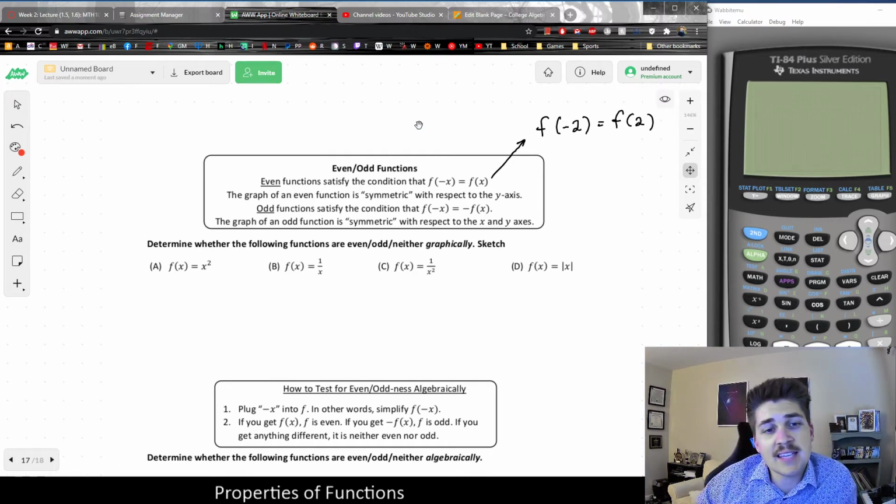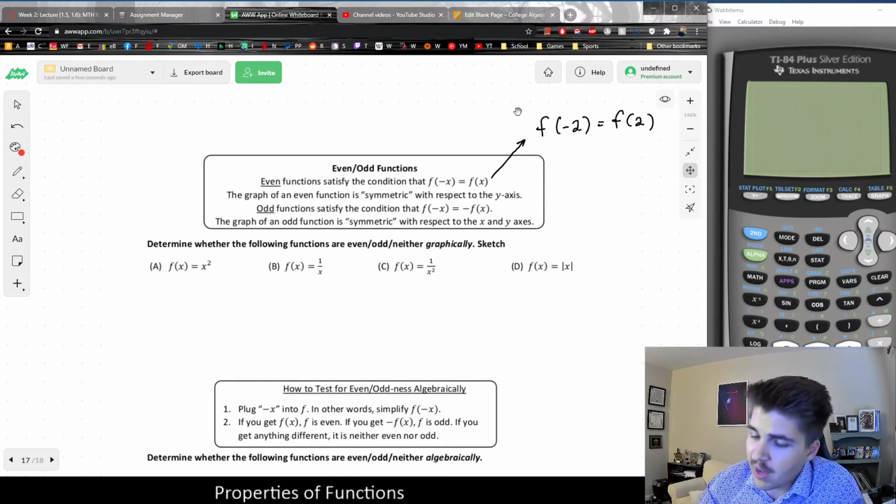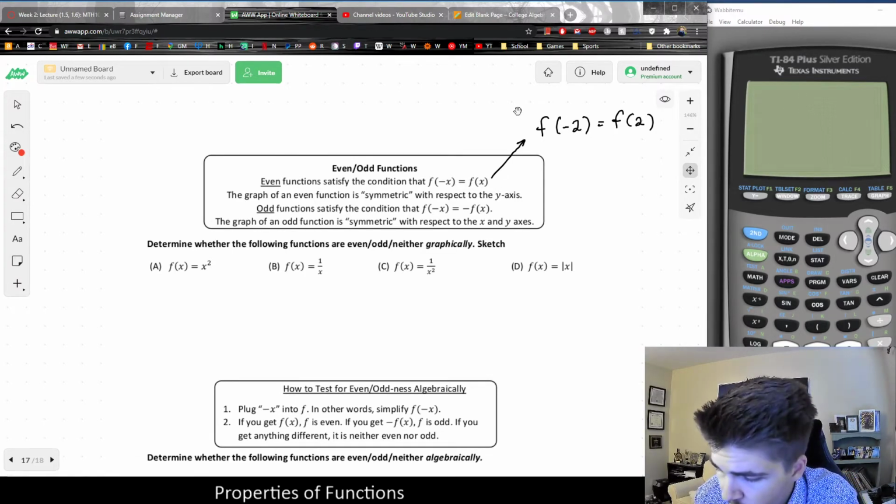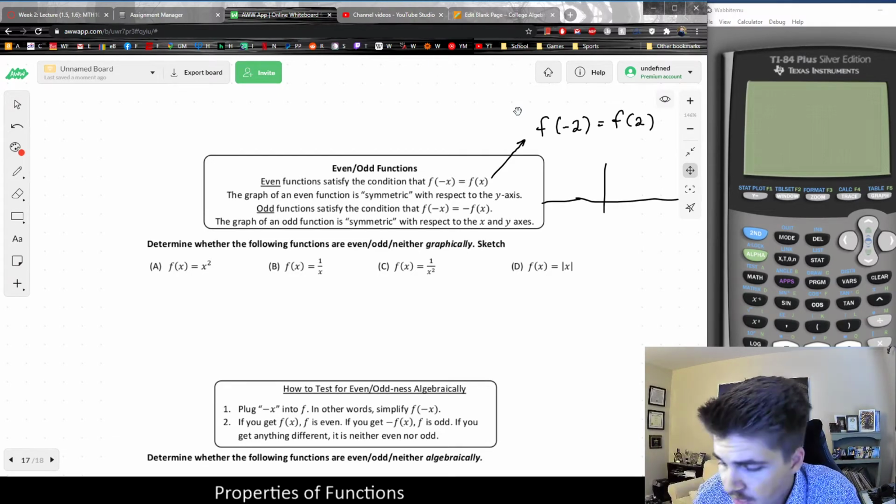But basically what it's going to say is f of 2 is equal to f of minus 2, or vice versa. And remember that x is going to be the input value. So whether it's 2 or minus 2, it says that the function's value or the y value is going to be equal on both sides. So if I was to recreate a graph of what that's going to look like, let's just say it's 5 arbitrarily.